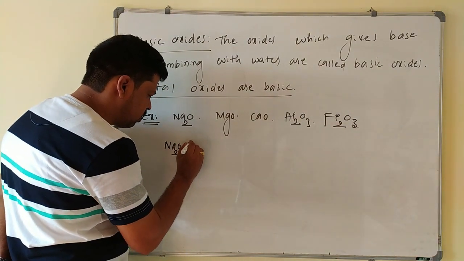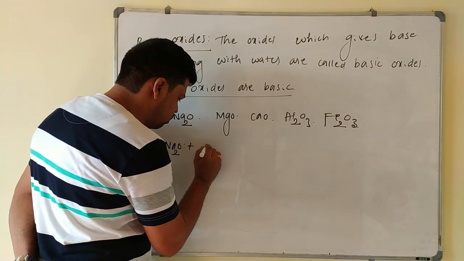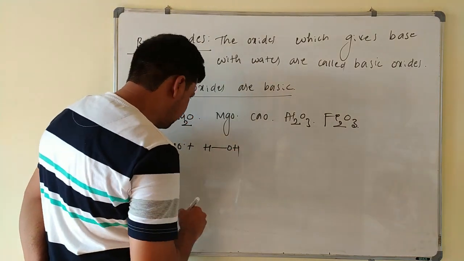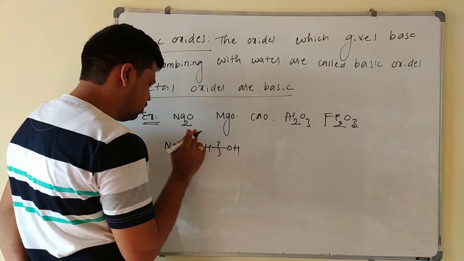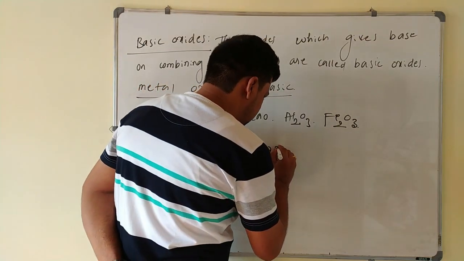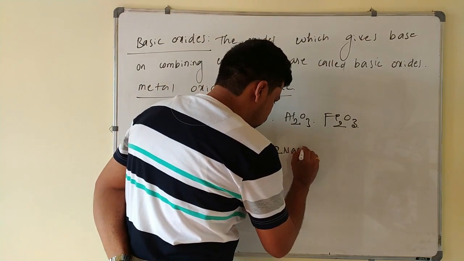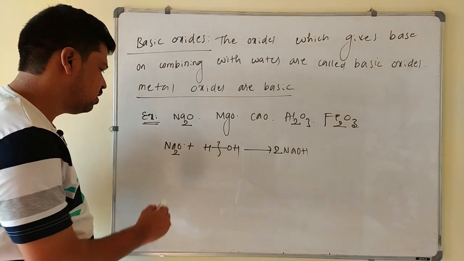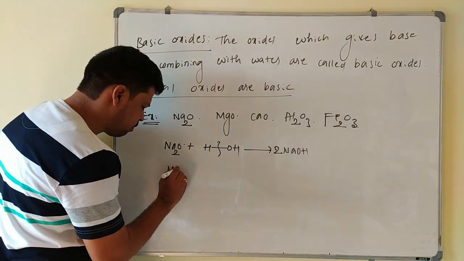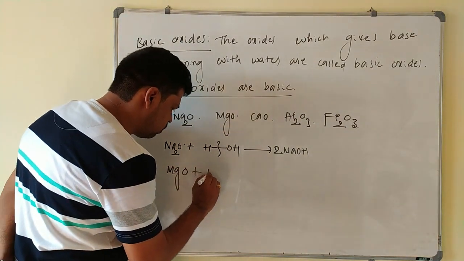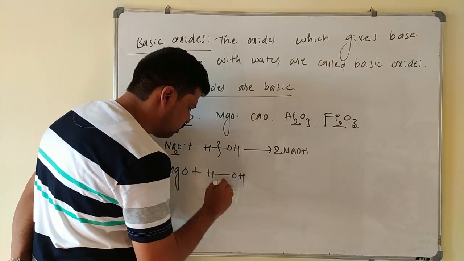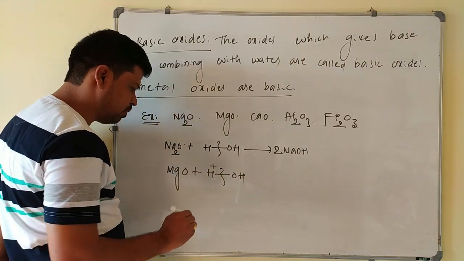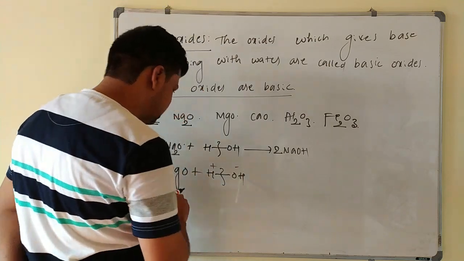First one I will write Na2O. This on treating with water, it gives 2 times of NaOH solution. Suppose if you add MgO, this on treating with water, water is H plus, OH minus.